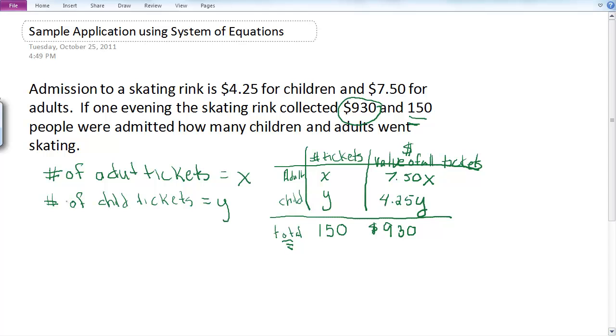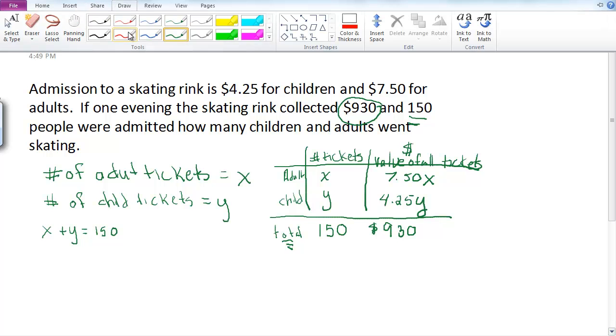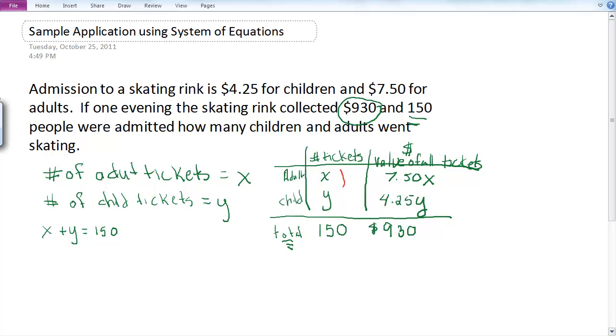So we have an equation of X plus Y is equal to 150. That's one equation. And that comes from right here. Okay.